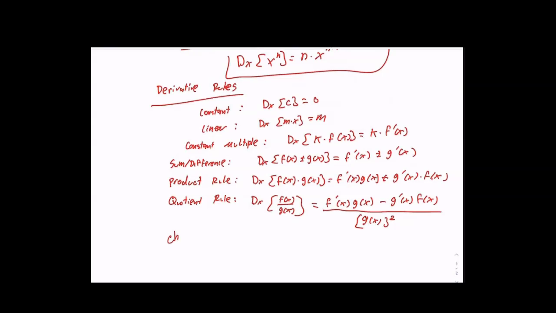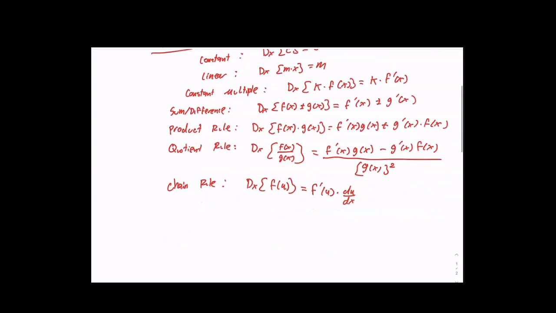And finally, we have the chain rule, which is that the derivative of a function with respect to another variable is equal to the derivative of that function times the derivative of the baby.